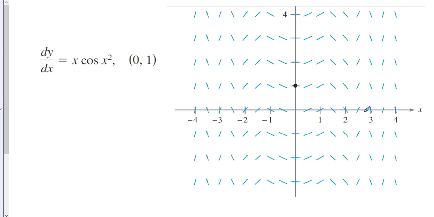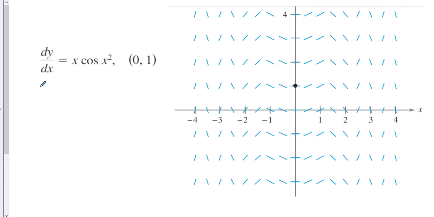So quite literally, I could say, without even looking at this equation, just looking at the picture over here, that at about -3/2, 1, it looks like the slope of the tangent lines would be approximately 1, because I'm looking at this little unit vector and thinking it looks like it rises 1 and runs 1. I'm just estimating. So kind of keep that in mind. Sometimes on the AP test, you have to generate these slope fields. Sometimes you have to use them like we've had some experience doing.